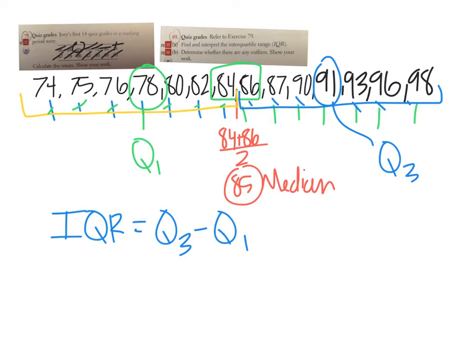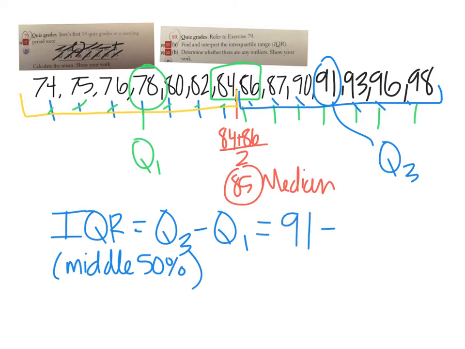So Q3 minus Q1 is essentially the middle 50%. That's what the IQR is giving me. It's a nice measure of spread because it doesn't get affected by outliers, since it's just the numbers in the middle 50%. So I'm going to do 91 minus 78, and I should get 13.